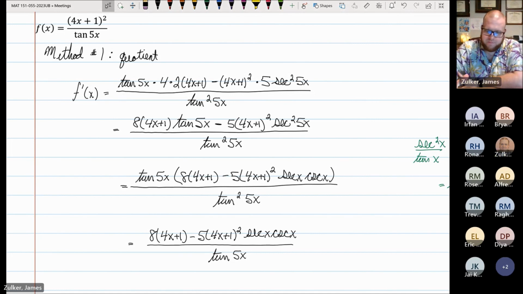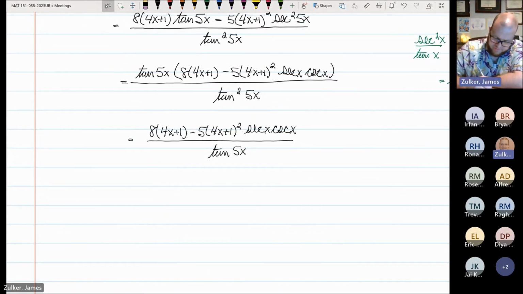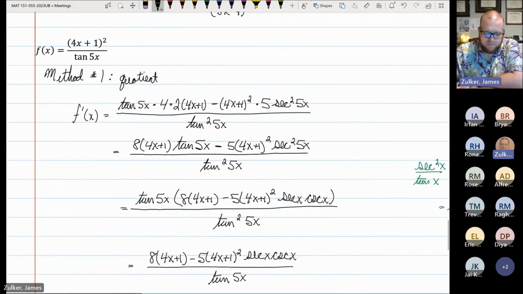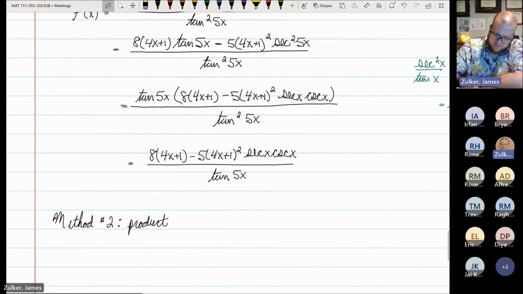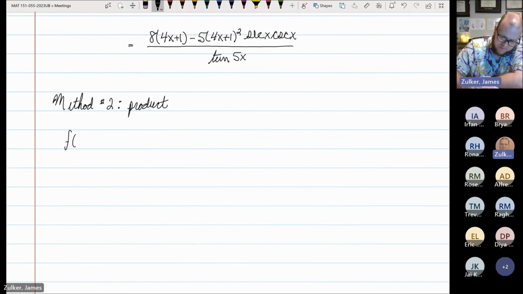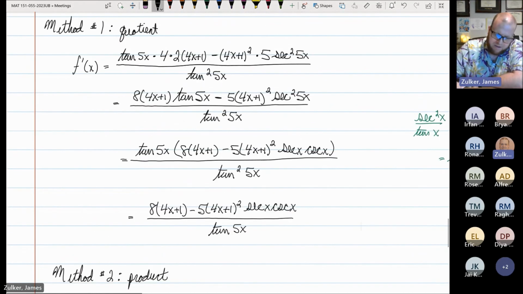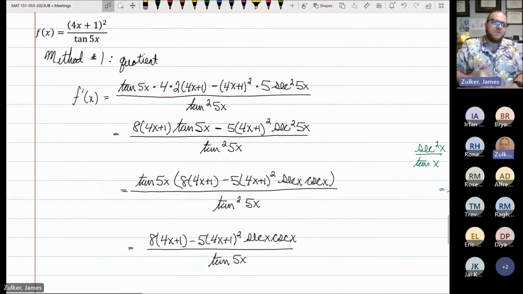Method 2 is to treat this as a product and use product rule. How could we write f of x as a product?